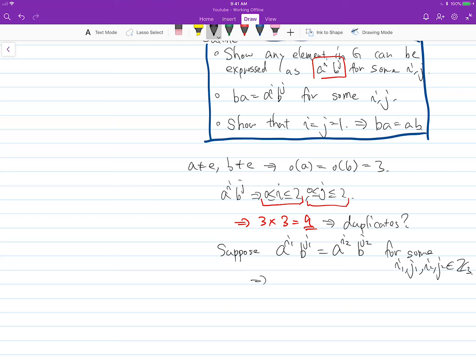Then, from the conditions that we know about A and B, it is clear that this implies I1 equals I2, and then J1 equals J2.